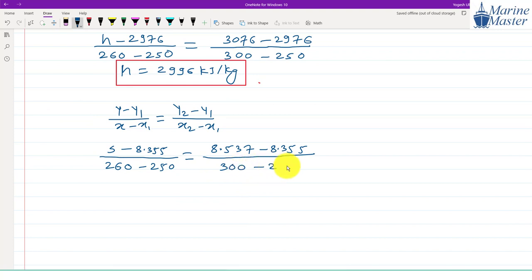If you solve this, we will get the value of entropy at 260 degrees Celsius and 0.5 bar pressure.